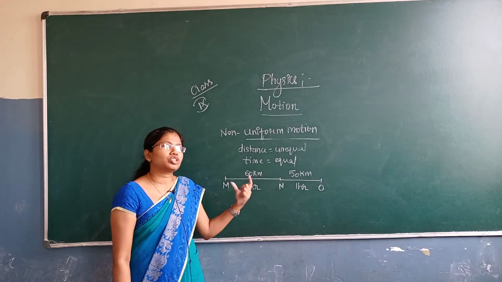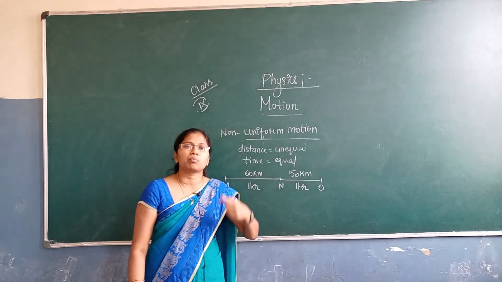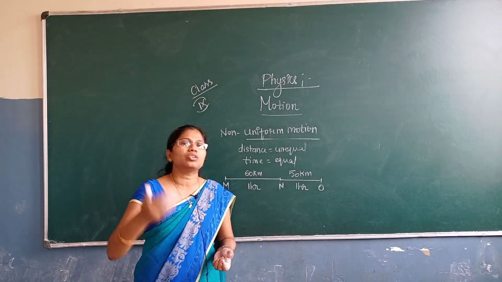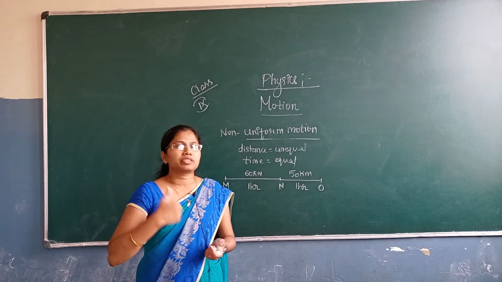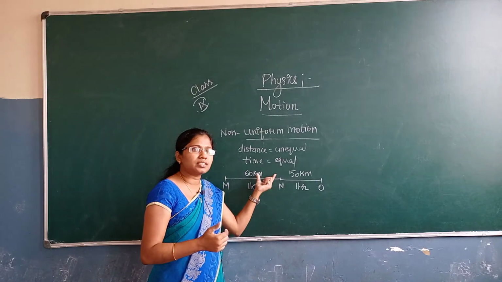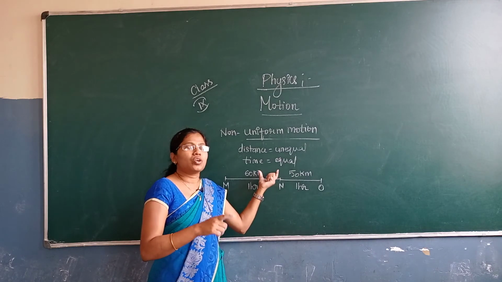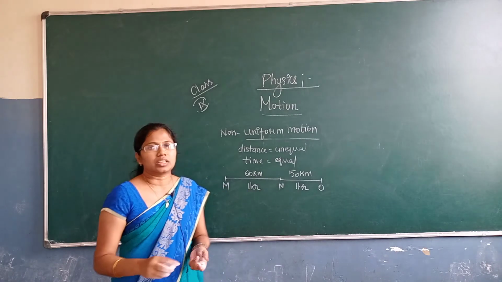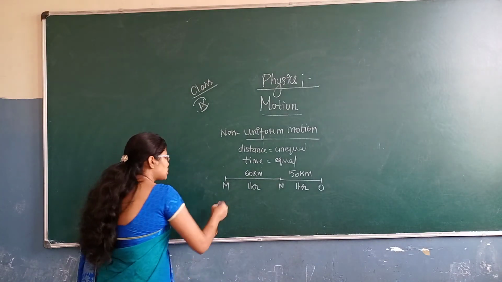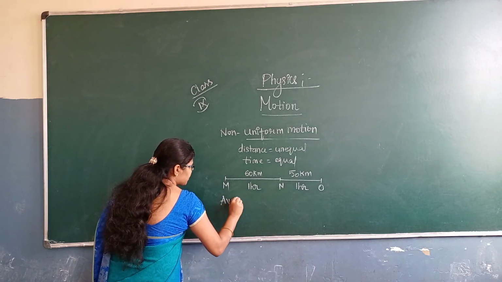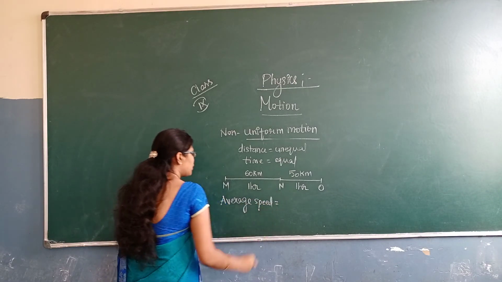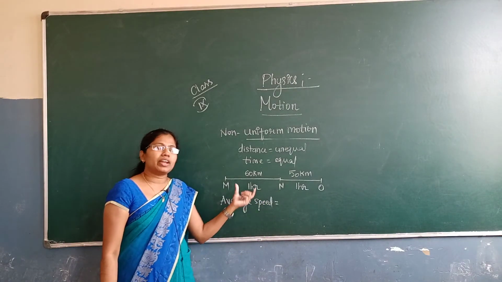Then how to find out speed for this non-uniform motion? We cannot use the formula speed is equal to distance by time taken, because here the distance is different. So here, since the distance is different, there comes another quantity, that is average speed. So for non-uniform motion we are going to use the average speed.